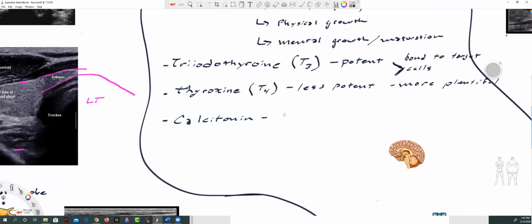And it actually lowers blood calcium by keeping calcium in the bones.